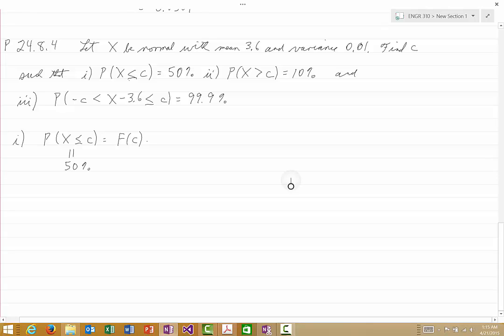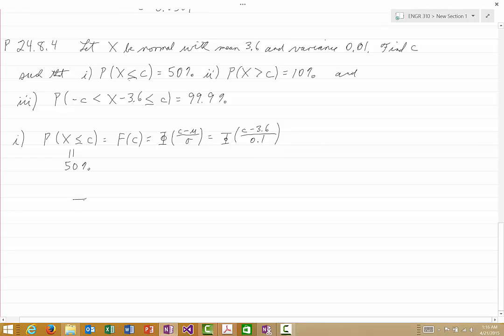So that's capital F of C, which is phi of C minus mu over sigma. And in this case, that would be C minus 3.6. And remember now, sigma squared is 0.01, so sigma is 0.1. So we have phi of C minus 3.6 over 0.1.